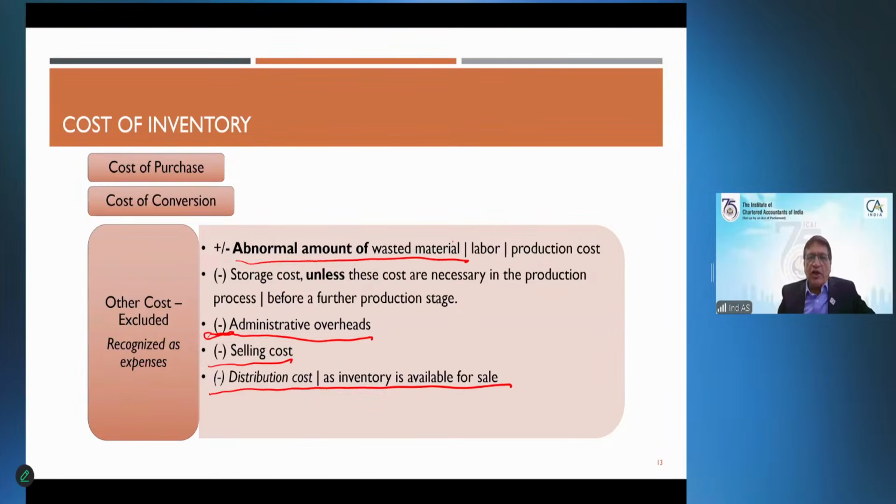The storage cost is included only if it is necessary for the production process or before a further production process. Once we have reached the last point of the production process and made it ready to sell, till then the storage cost is required to be a part of inventory. After that, it is a distribution cost.